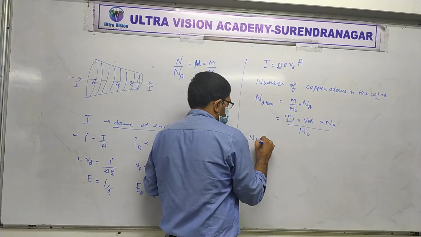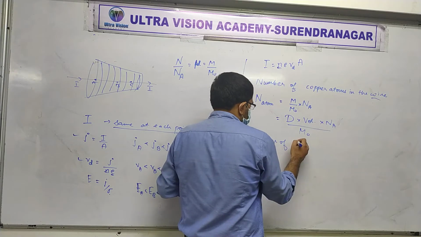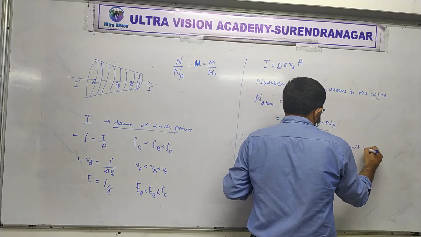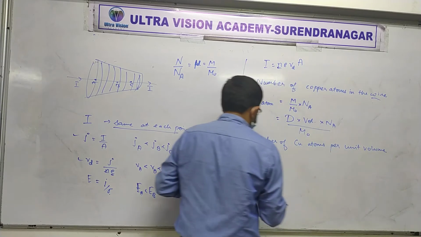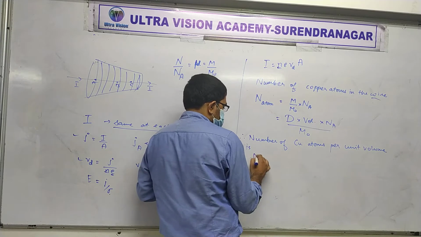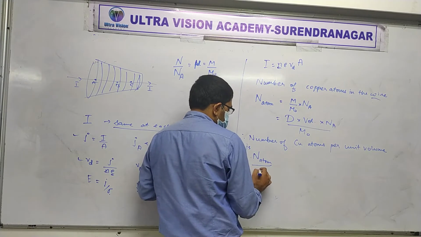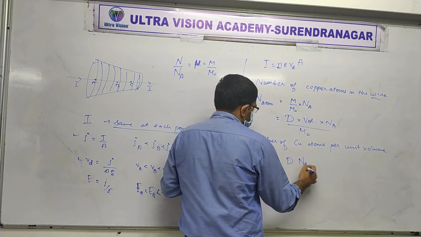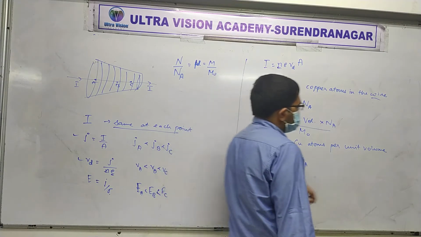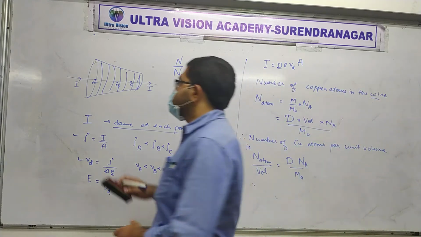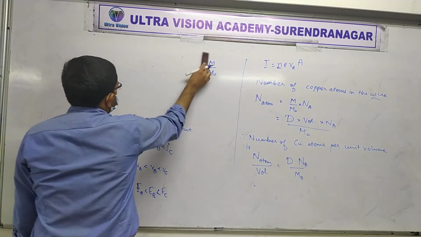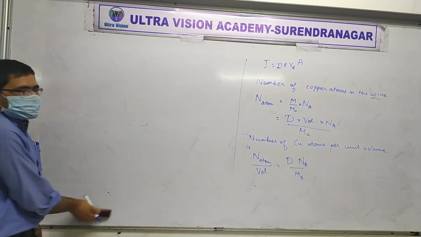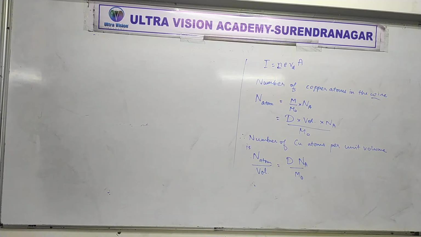Therefore, number of copper atoms per unit volume, that is N atom divided by volume, is equal to D into Na upon M0. Okay, everything clear? Yes.